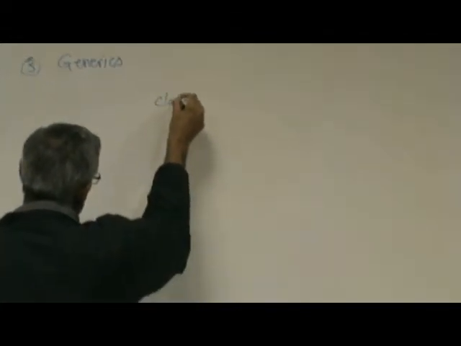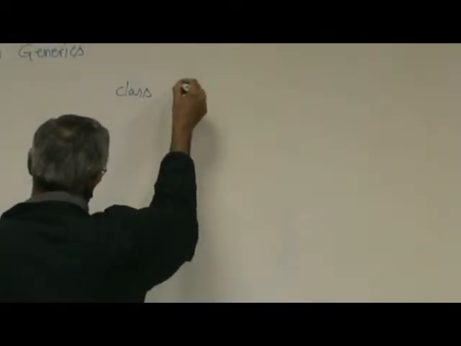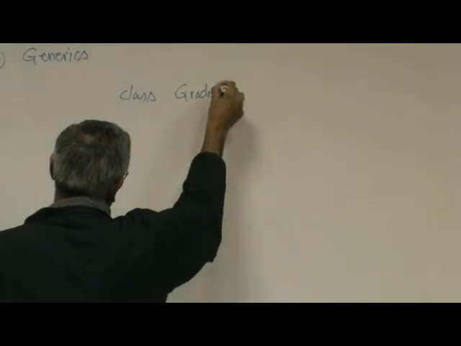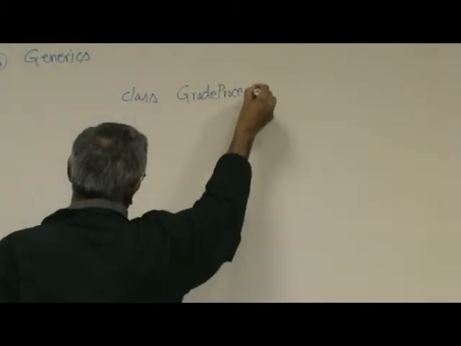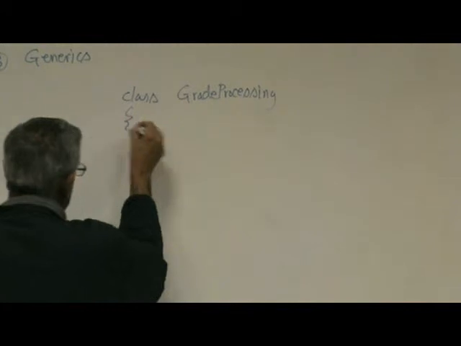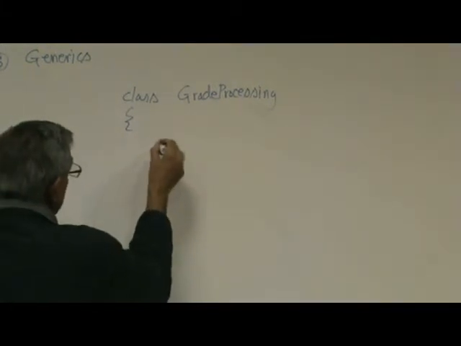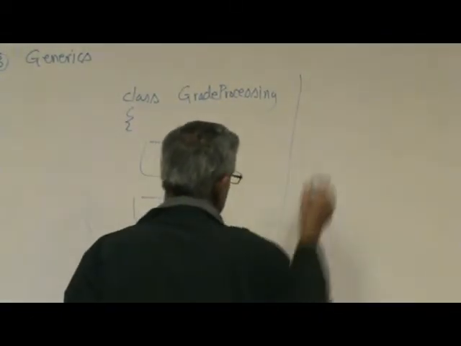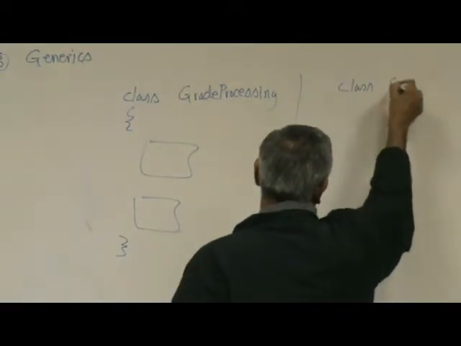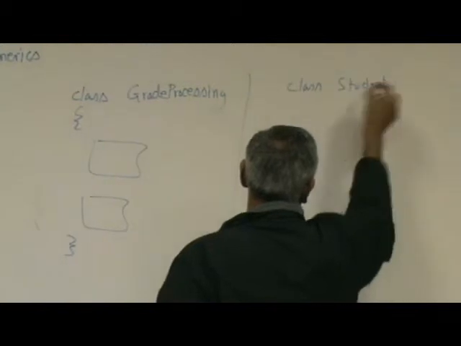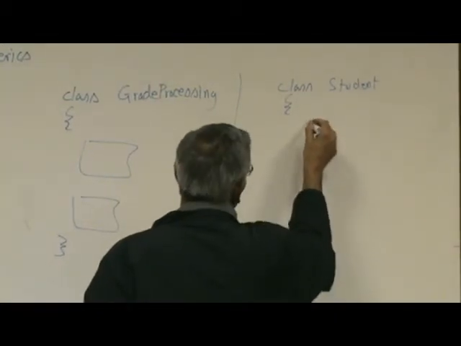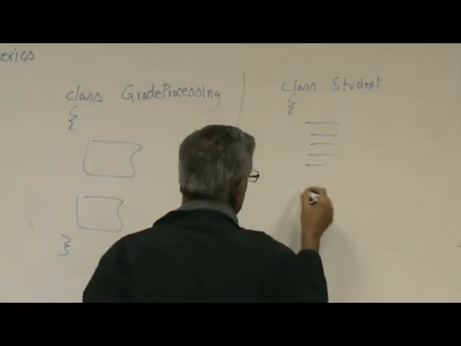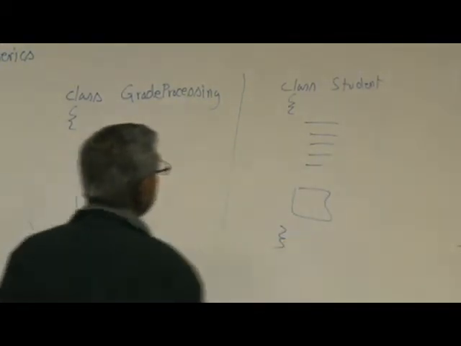You wrote a class called GradeProcessing, and you wrote a few methods over here. Then there's a class called Student. You have a few fields over here, and you have the compute grade method.